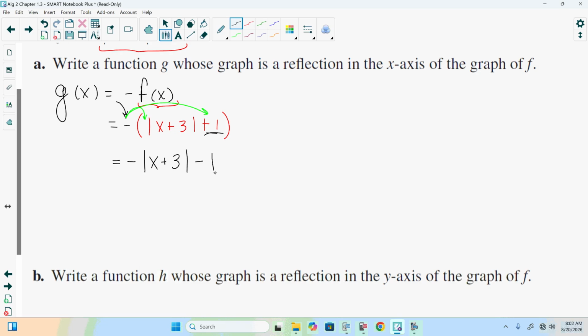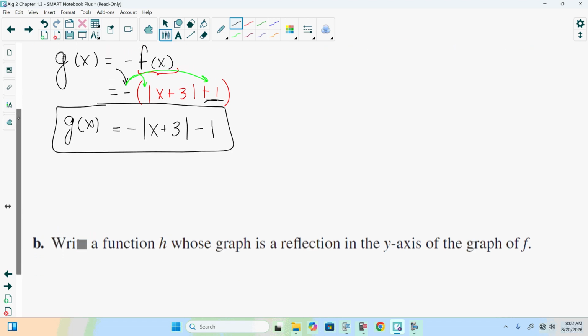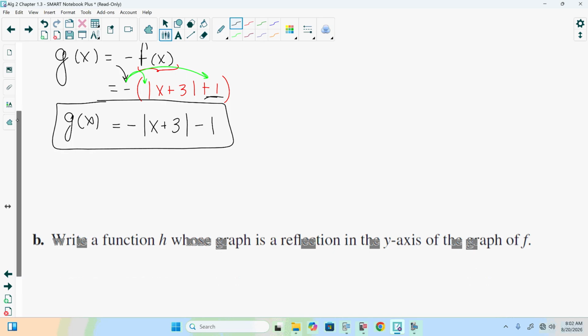And as we talked about yesterday, that negative 1 cannot go inside the absolute value. The positive 3 cannot leave the absolute value. So the reflection across the x-axis is going to be negative absolute value of x plus 3 minus 1. And that's it. Questions on this reflection?